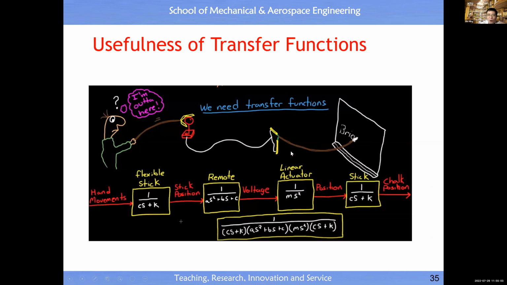This joystick controls this two-finger robotic hand, this two-finger robotic hand controls another flexible stick, etc. And in frequency domain, because we have a transfer function, we can write down all the transfer functions in series, then multiply them together, done already. However, in time domain, I guess it will be a big headache for you to derive a relationship function, almost impossible, right? Then you see, with the transfer function it is straightforward, all right?